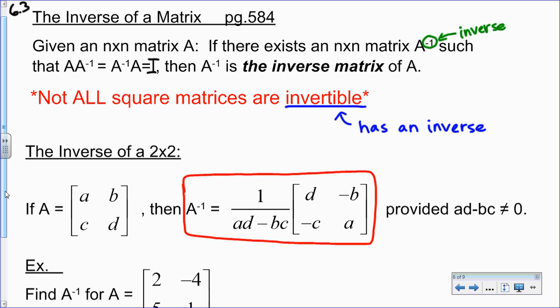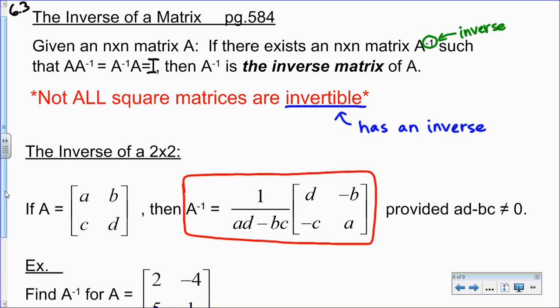So this is for a 2 by 2 matrix. So you'll multiply the diagonals, A times D and B times C, and subtract. So AD minus BC, it's 1 over that value.